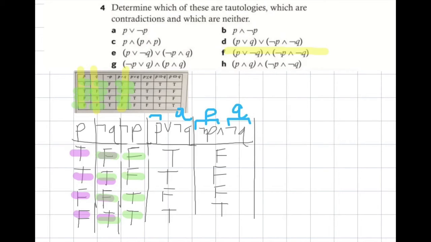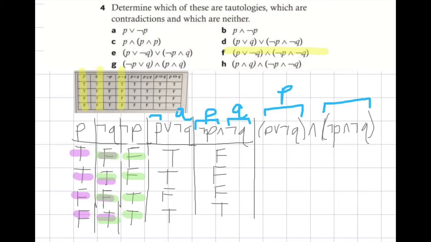Okay, and then we need to put these statements together. P or not Q and not P and not Q. Okay, so we're still going to be using the AND statement here for P and Q, where this is like P and this is like Q. Okay, so we're looking at these two columns now here.